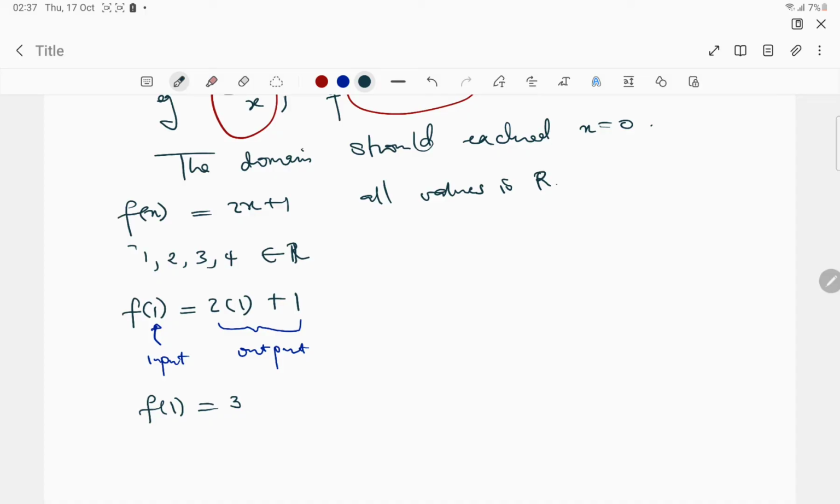So basically, if we are relating this to the Cartesian plane, you can actually see that the y values generally are output values, and the x values are input values.